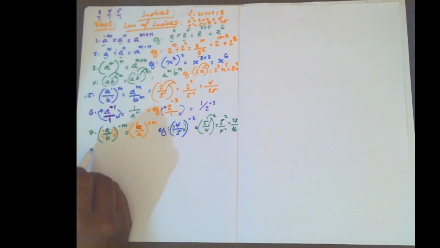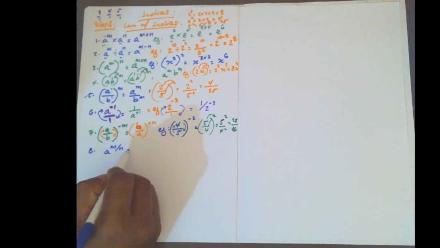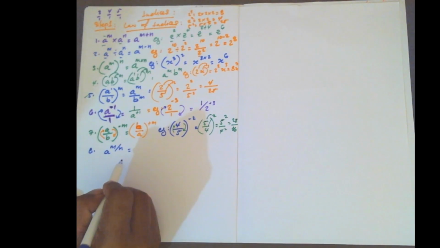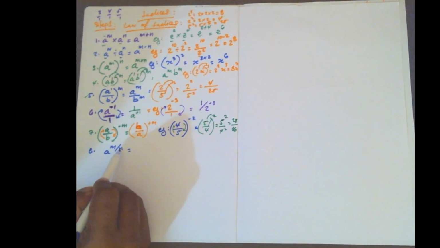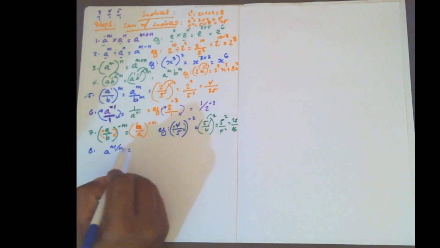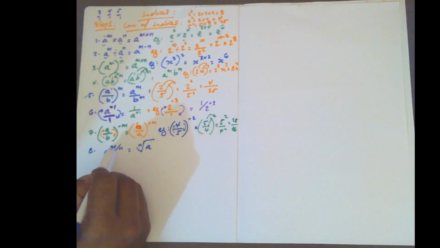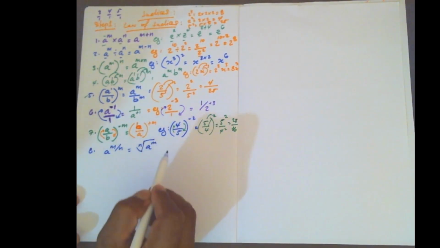Okay, your last law is a to the power of m over n. That is equal to the nth root of a. And how can we write it? We're finding the nth root of a, and this m is raised to the power of m.